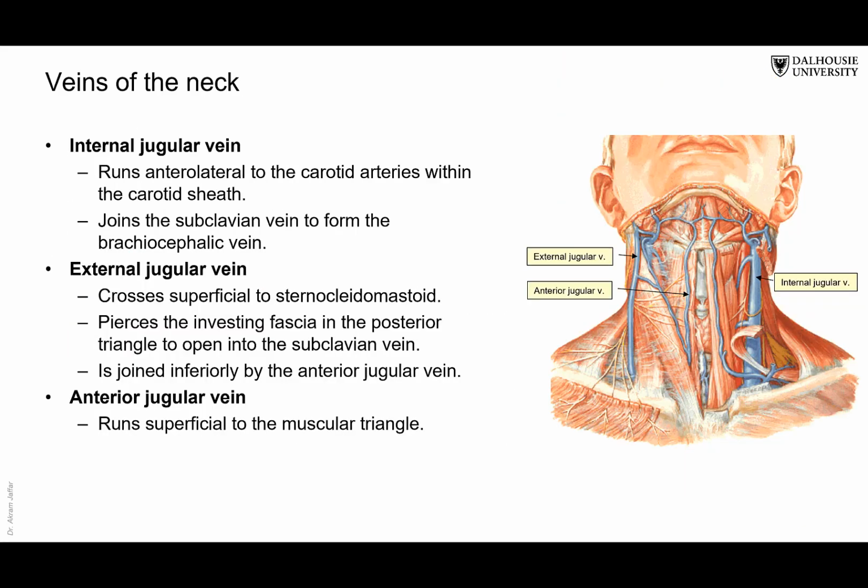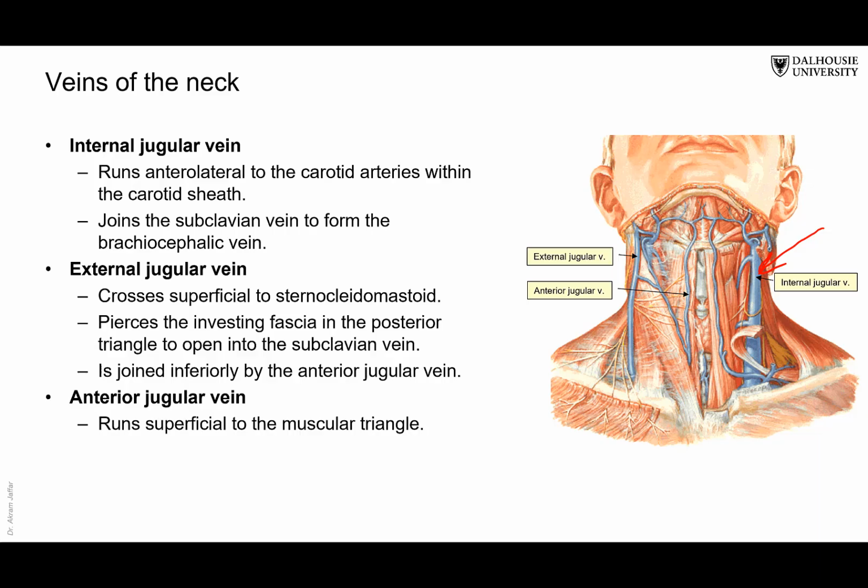The veins, we have the jugular veins, but remember there are three jugular veins. We have the internal jugular vein, that is the continuation of which sinus in the skull? Which venous sinus continues as the internal jugular vein?